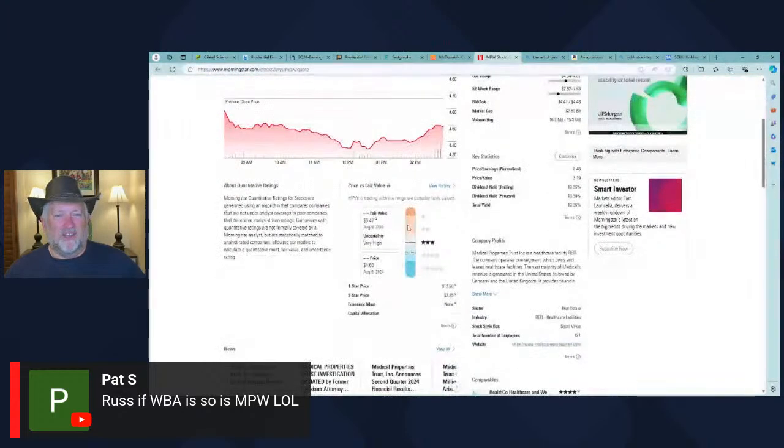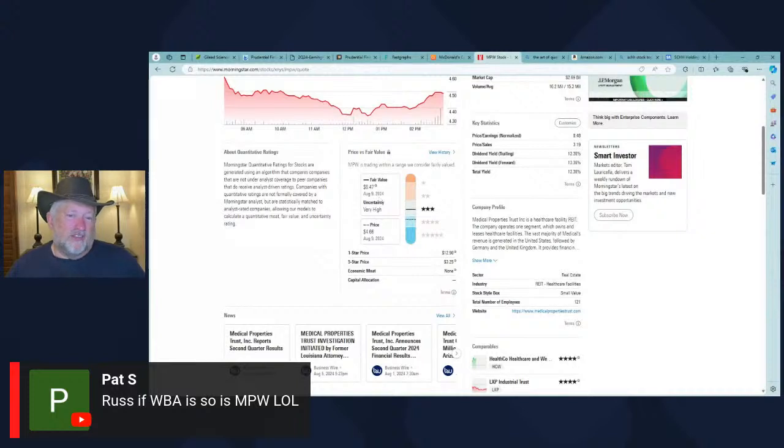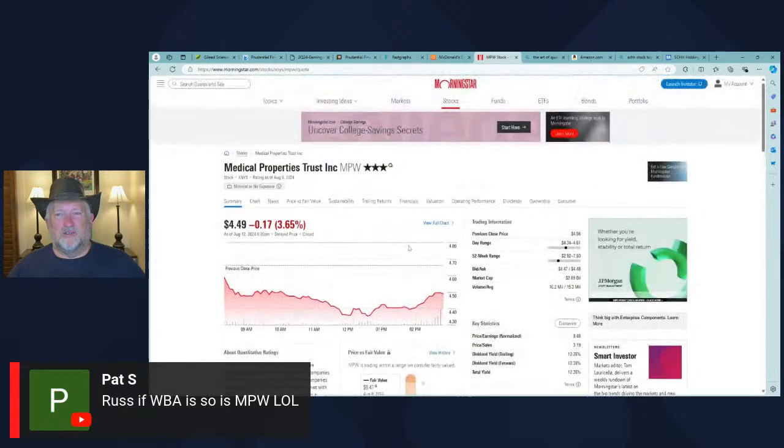No, they don't. But it does say the fair value is 6.47. So technically they do say it is fairly valued, but that's like a 50% decline. But anyway, it's just fun stuff, right? I don't plan to invest in MPW anytime soon.